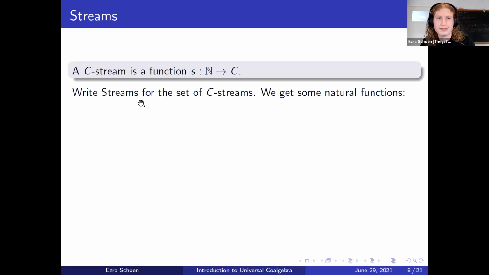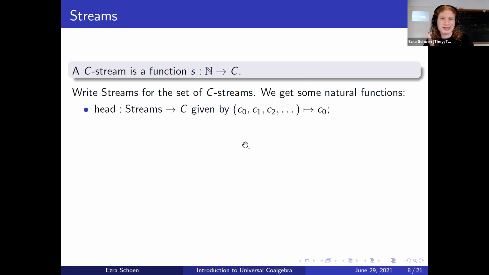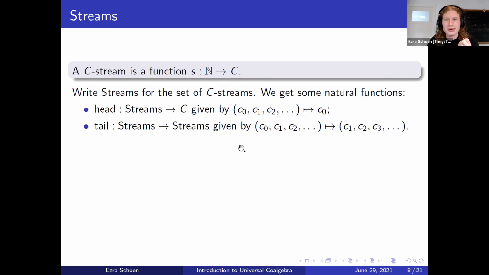Let's just write Streams for this set of streams. And what can you do with streams? I think there are many different things you can do with streams, but the ones that are important for me right now are that you can take the head of the stream. You can just extract the first element, or you can take the tail of the stream, so you lop off the first element.